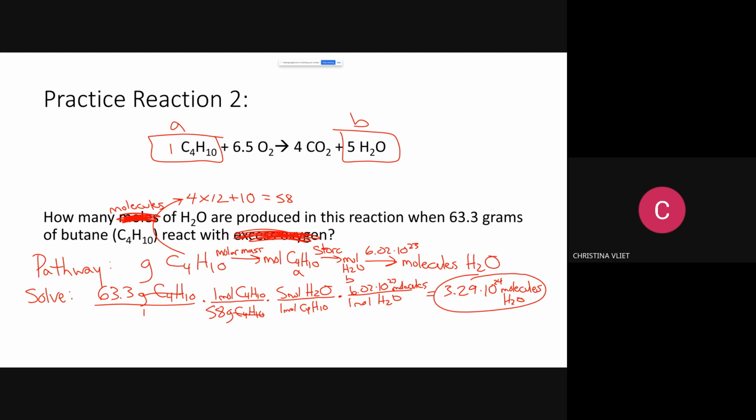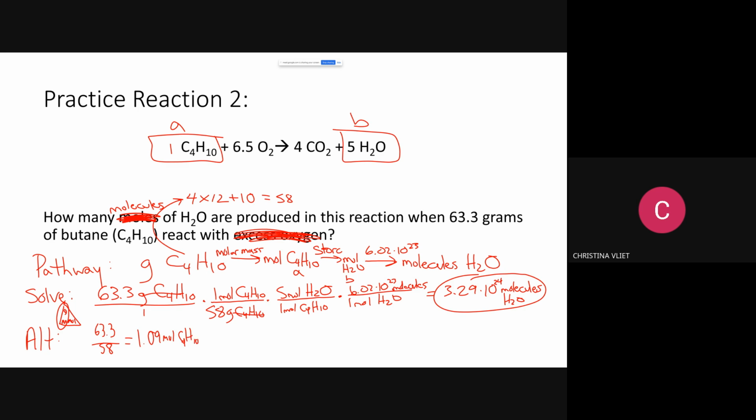So if you're not good with doing dimensional analysis the whole way through, what would be your method? You would start by doing maybe your little triangle to do g, mole, mm. You're trying to get to moles, so you would do g divided by mm. And so you would do 63.3 divided by 58 as step 1, and you would get 1.09 moles of C4H10.